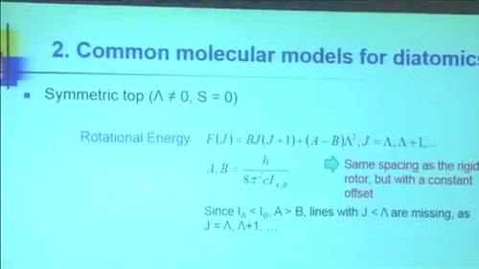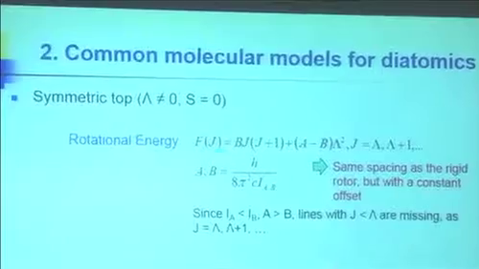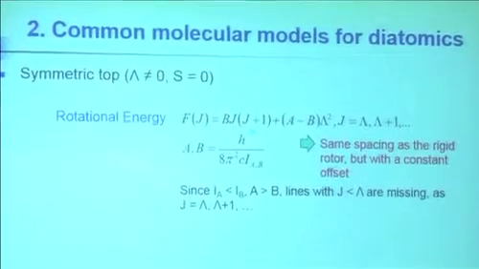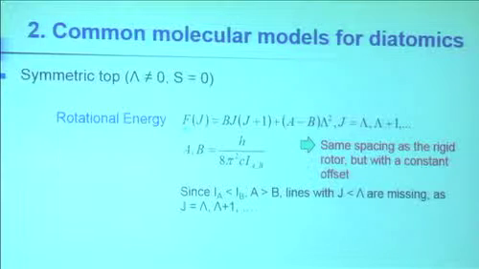Okay, symmetric top, here are our constraints. Now we have the rotational energy expression you've seen before: B J(J plus 1). We use F always for rotation. F of J plus (A minus B) lambda squared. Lambda is just a constant, so this is therefore only a function of J. So it's the same spacing as a rigid rotor, but with a constant offset of (A minus B) lambda squared.